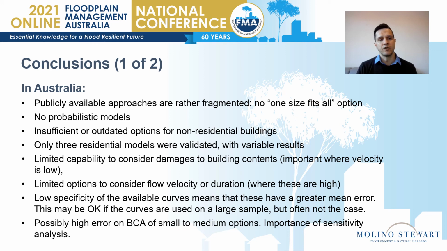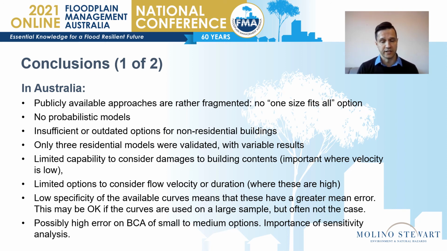So this may be okay if the curves are used on large samples of buildings, for example, overall floodplain, because the deviations from the mean would sort of compensate. But this is often not the case, especially when we need to assess the benefits of flood modification options in medium to small catchments.